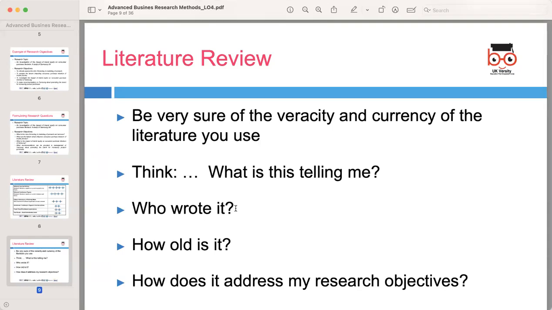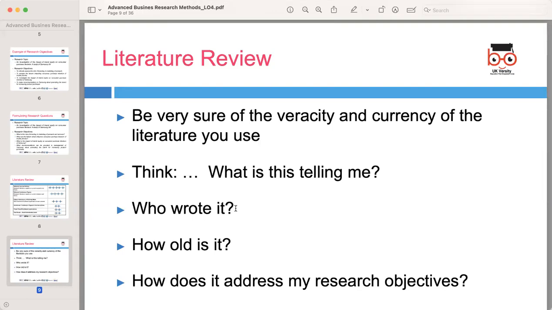Veracity refers to the truthfulness and reliability of the information presented. Currency refers to the timeliness of the source. Ask yourself if the information is reliable and aligns with other credible sources. Authorship.